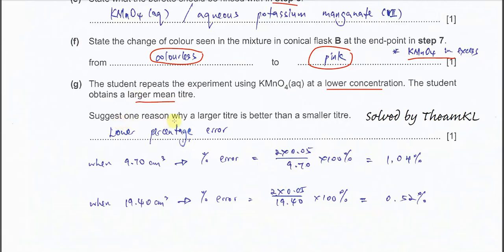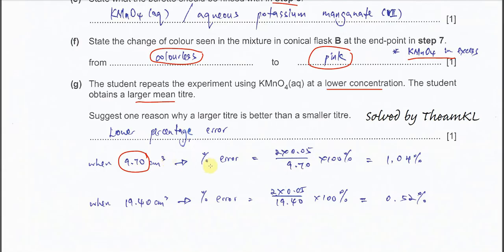So suggest one reason why a larger titer is better than a smaller one. Okay, then it's better to show the calculations to you, then you understand how. Let's say the volume now is smaller, let's say 9.7 cm3.